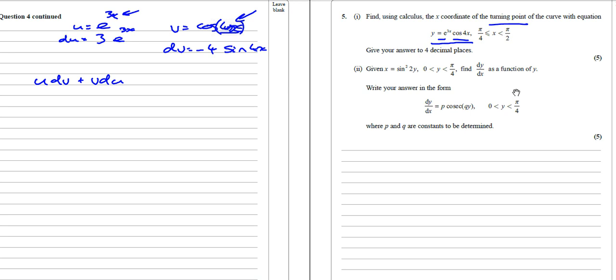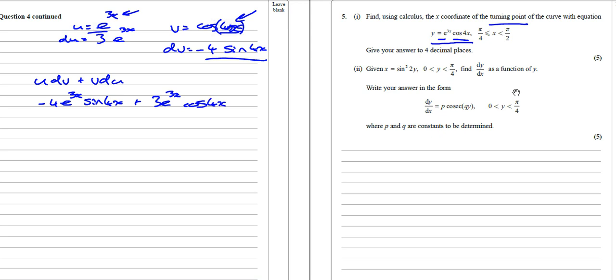So u dv is going to be minus 4e to the 3x sine 4x. That's this thing times this thing here. And then plus v du, which is going to be 3e to the 3x cos 4x.